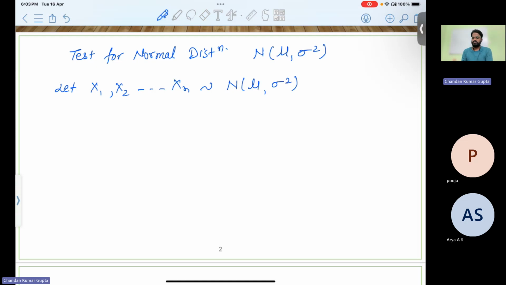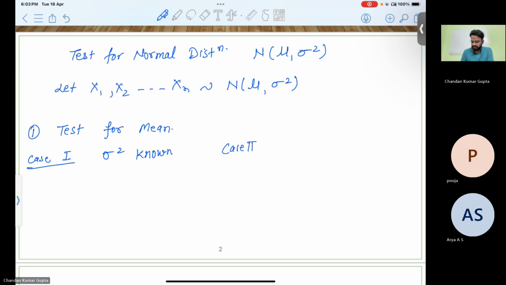Okay, so there are different scenarios. The first one is that we are going to test for mean. There are two conditions: case one, when sigma square is known, or case two, when sigma square is unknown.